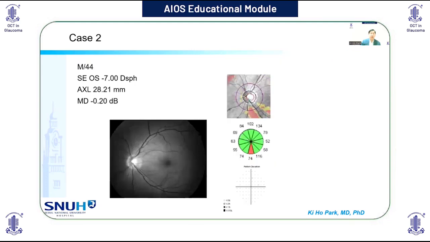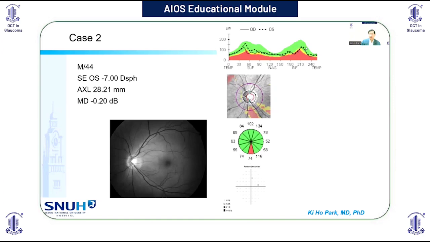This is another case with high myopia with -7 diopters, and axial length was longer than 28 millimeters, and the visual field was within normal, but there is an inferior temporal RNFL defect, and the deviation map shows two defects, inferiorly and inferior temporally. And the thickness curve is like this. You can see the dotted line because it is the left eye.